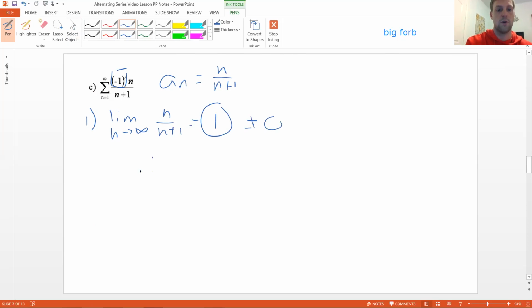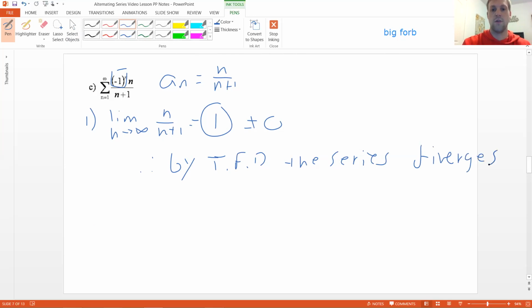So therefore, by test for divergence, the series diverges. I knew that equaled 1 just by my end behavior rules for rationals. Take the leading coefficients, equal to 1, not 0. All right, so take a second and write that down.